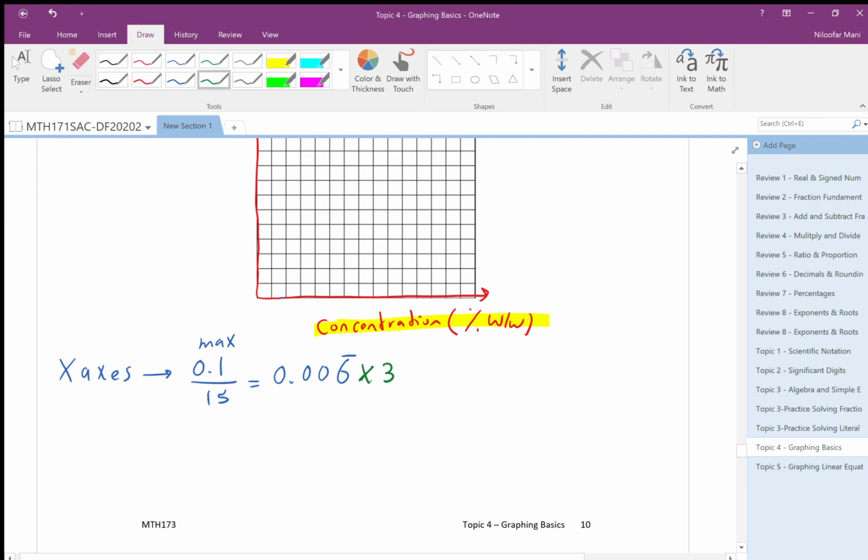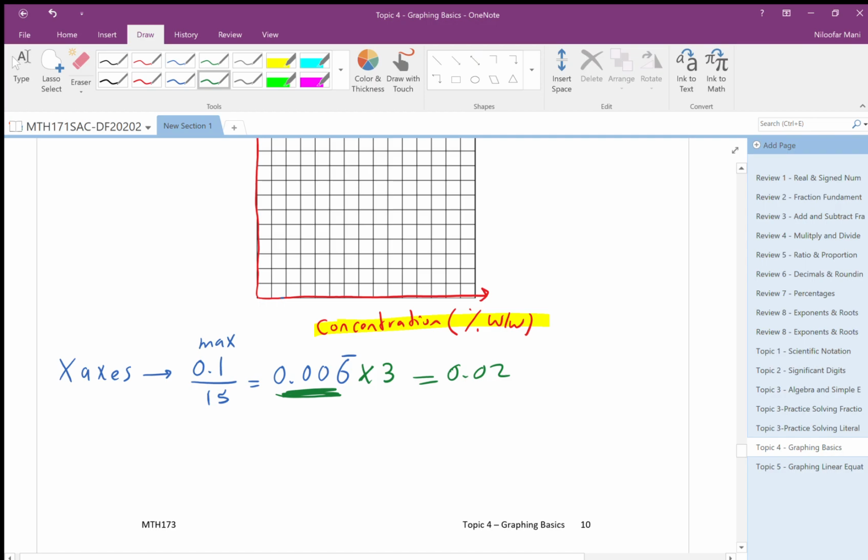Now I multiply by 3. When I multiply by that, I have 0.02. Remember, each part still equals the original value, but I am not showing it.